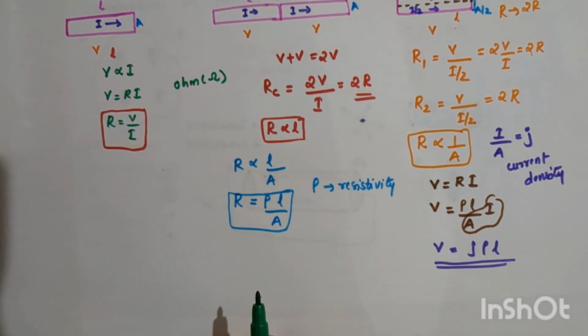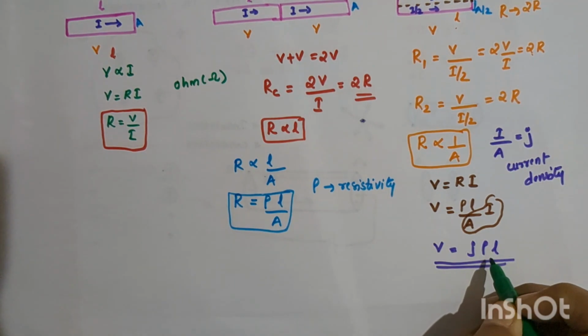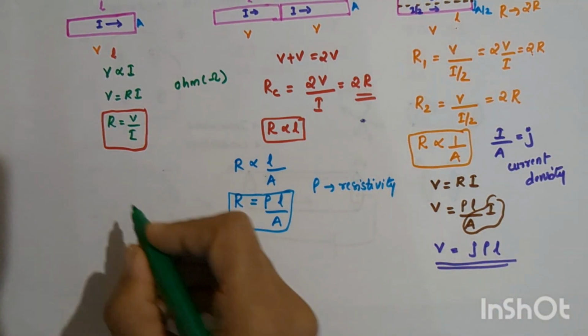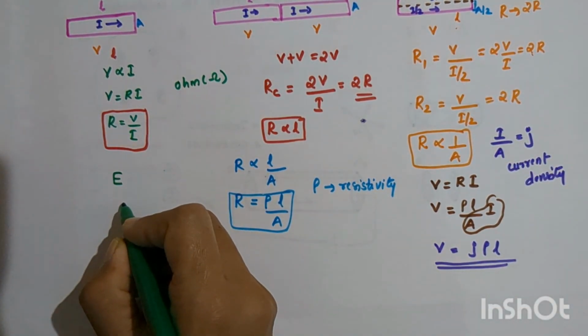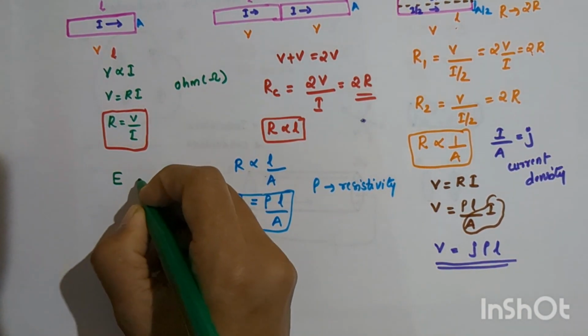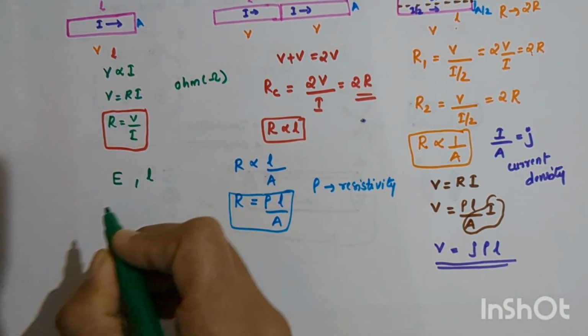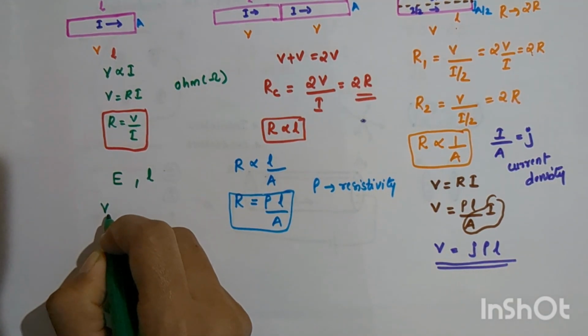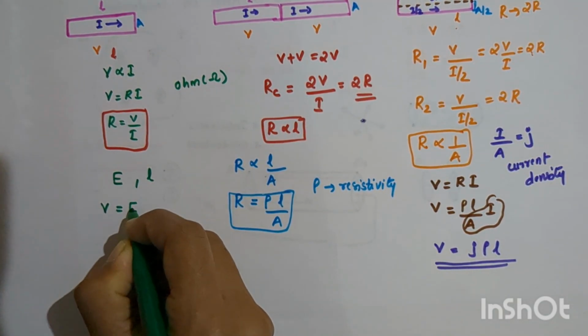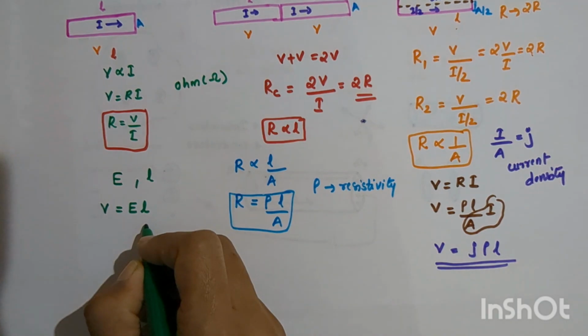Now you see, we got an expression for V as J rho L. Let it be there. If E is the magnitude of the uniform electric field in the conductor of length L, then the potential difference across the conductor can be expressed as electric field times the length of the conductor.